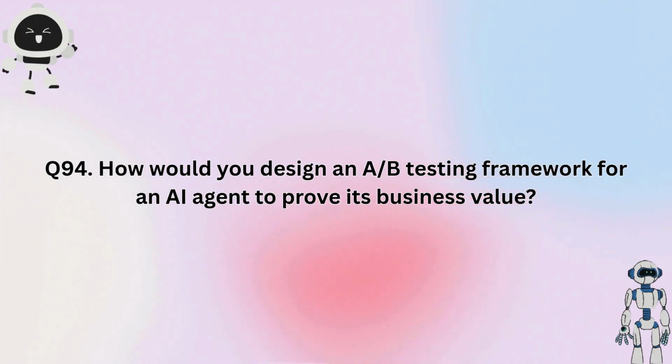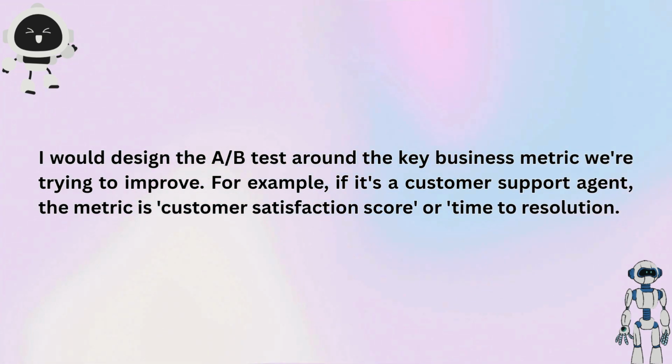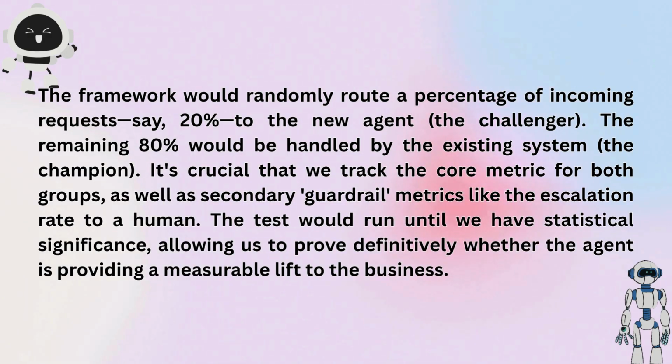How would you design an A/B testing framework for an AI agent to prove its business value? I would design the A/B test around the key business metric we're trying to improve. For example, if it's a customer support agent, the metric is customer satisfaction score, or time to resolution. The framework would randomly route a percentage of incoming requests, say 20%, to the new agent, the challenger.